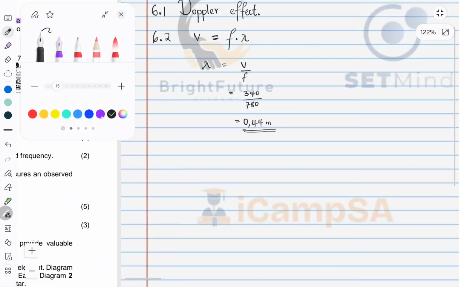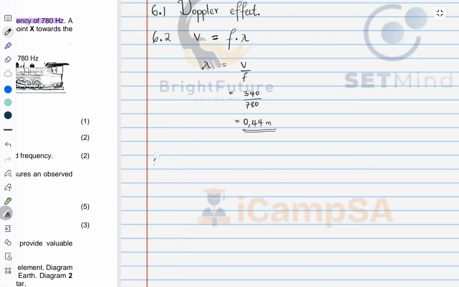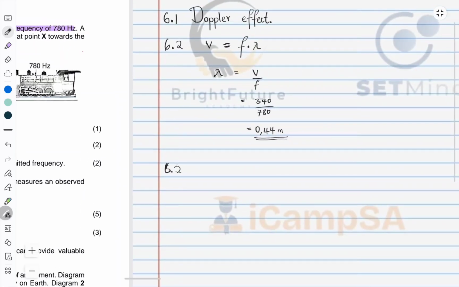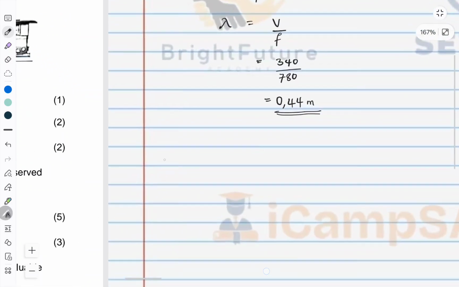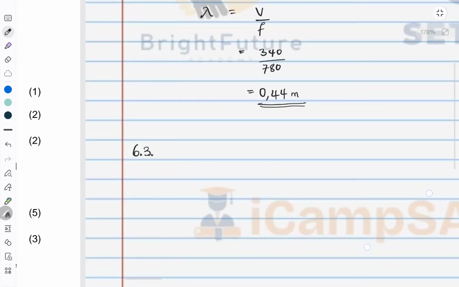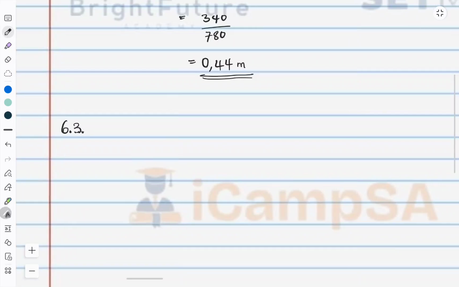So let me write the shortest one possible, because this is 2 marks. So this is 6.3. So we are saying the observer is moving towards the source, which is our car, right?